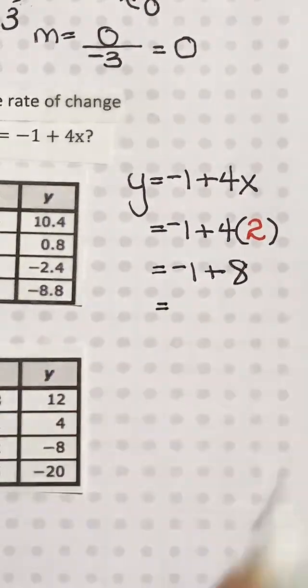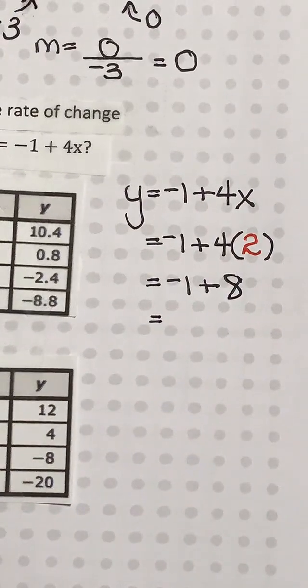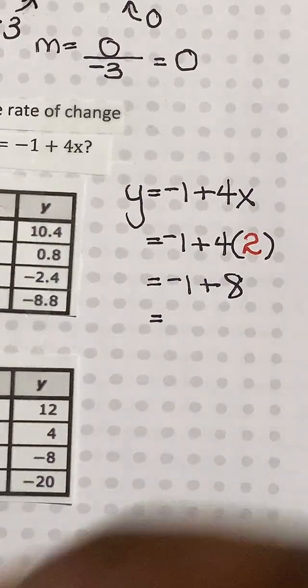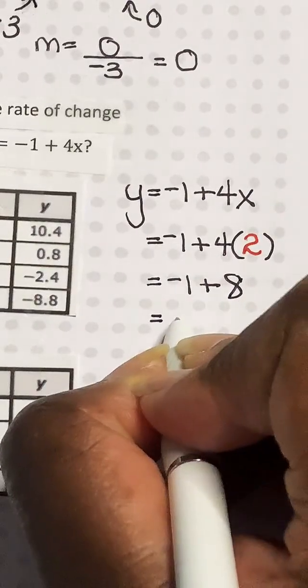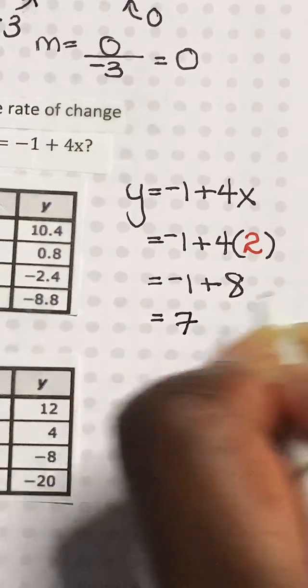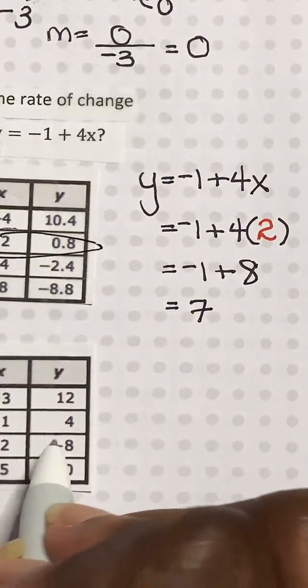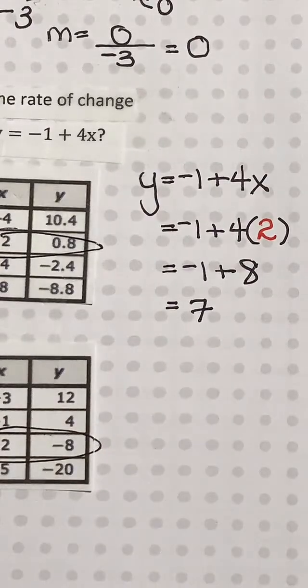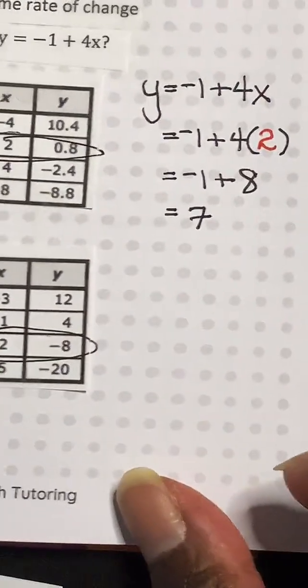What's wrong? Hey, Janice. Yes. So we got negative 1 plus 8. That gives me 7. That's not what that's saying. And that's not what that's saying. So what could we say for this?